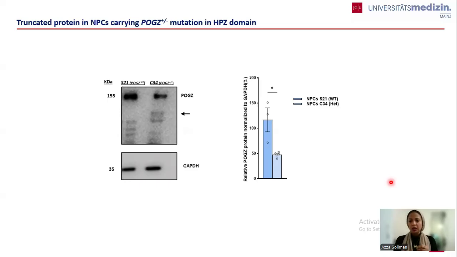We couldn't see it in the Western blot that I did in the beginning, so we tried many antibodies till we could actually see a truncated protein in the patient male. Here, as you can see, that does not present in the male wild type. This needs more investigation, but now we have the hypothesis that this extra truncated protein might be the reason why we see a mild phenotype in terms of differentiation in the male mutant cells compared to the female mutant cells.